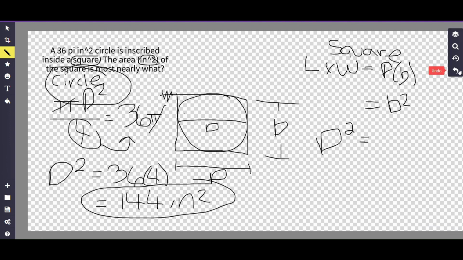The circle has a formula of pi times d squared over 4. Then we know that the problem gave us 36 pi. So solving that, d squared equals 36 times 4, which is 144.